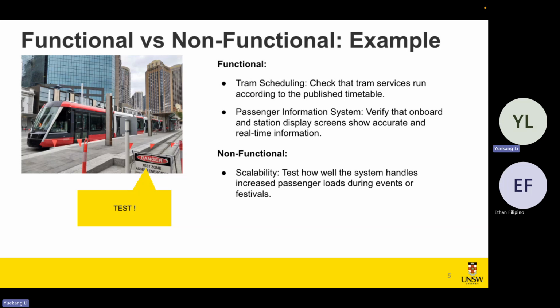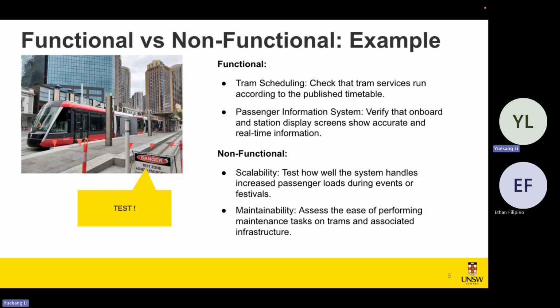What if we have a larger number of passengers, for example, if there are sport games in the stadium, so there will be a lot of passengers on those days. If there are such events, can this system still handle the passengers properly or not, right?